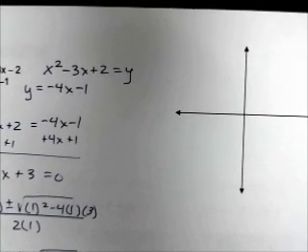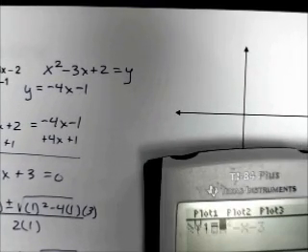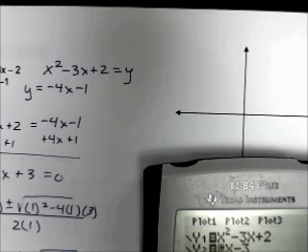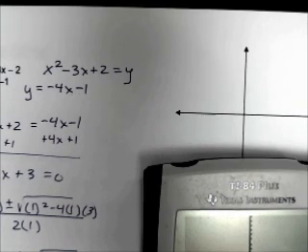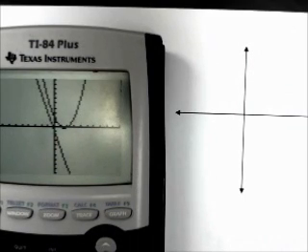Well, let's look at our graph. y equals x squared minus 3x plus 2 and y equals negative 4x minus 1. There we go.